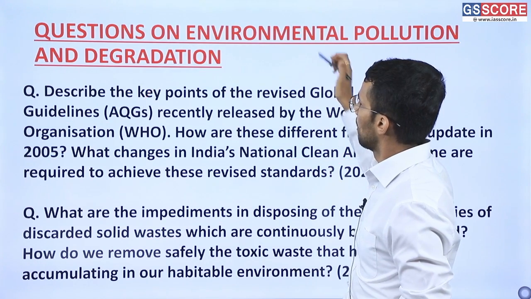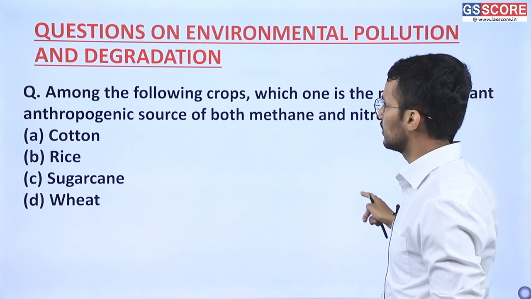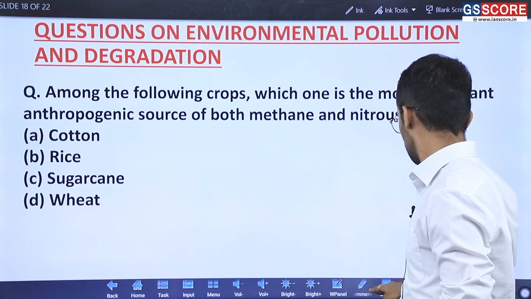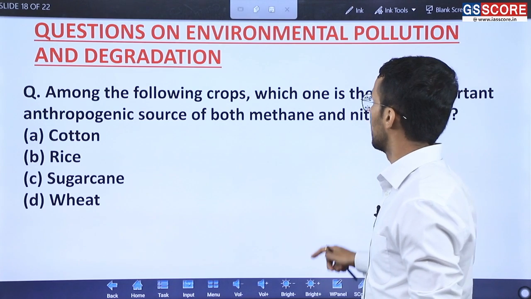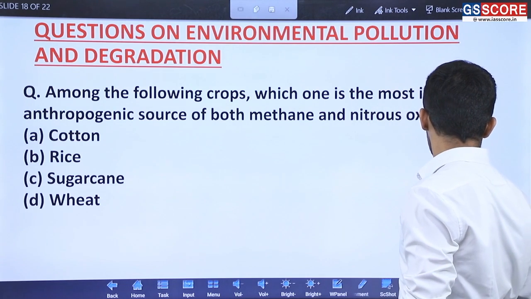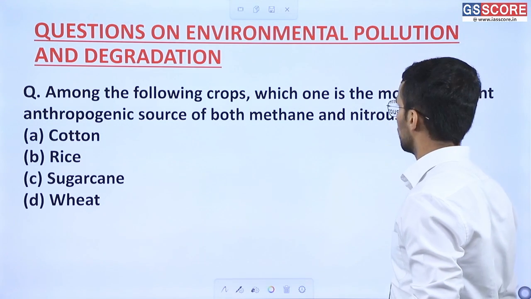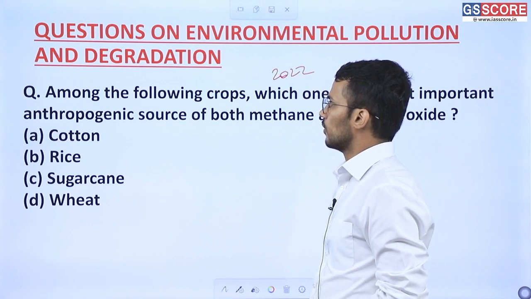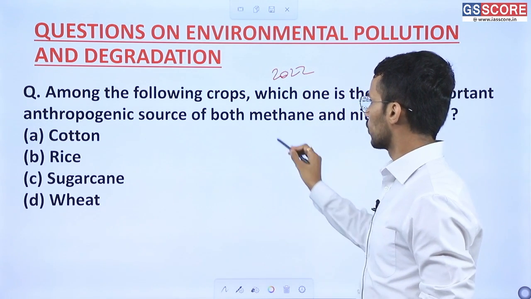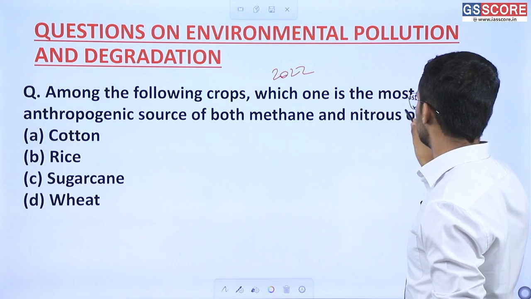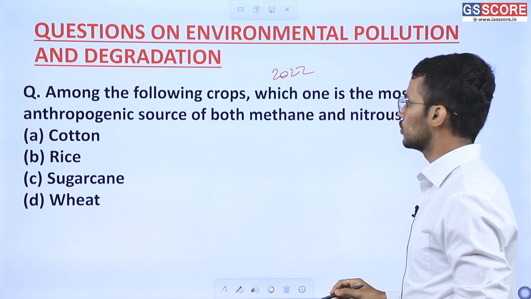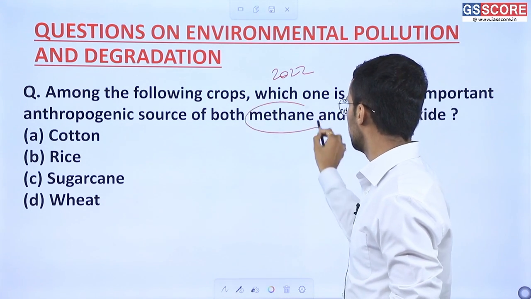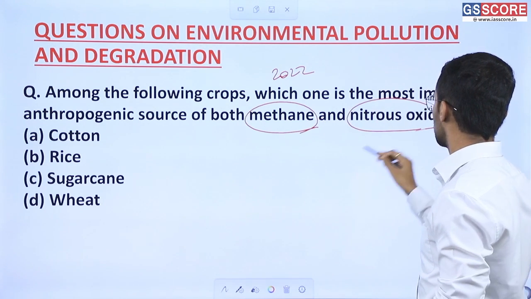Next. Now questions have been asked in prelims exam as well. For example, the question of 2022 prelims exam. Question is, among the following crops, which one is the most important anthropogenic source of methane and nitrous oxide?